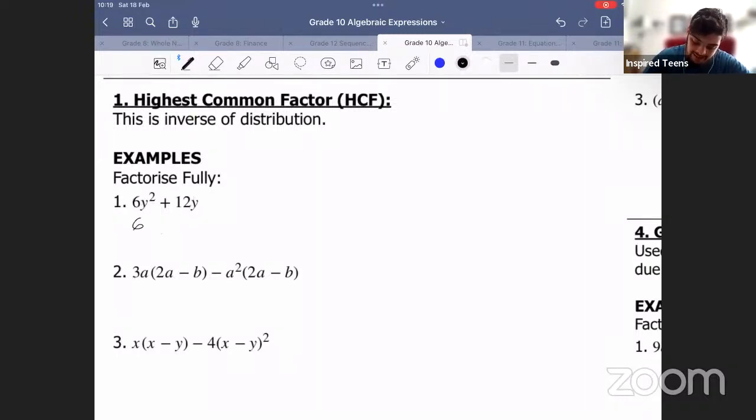When we look at the variables, what is the highest common factor between y squared and y? Whenever we're talking about variables, the highest common factor is always the lowest power.